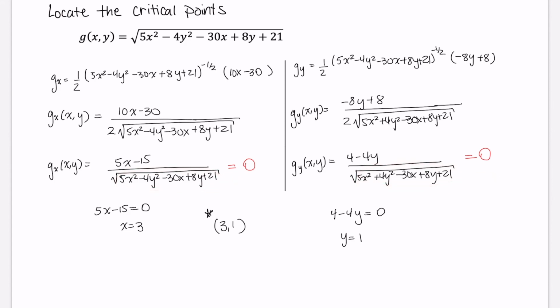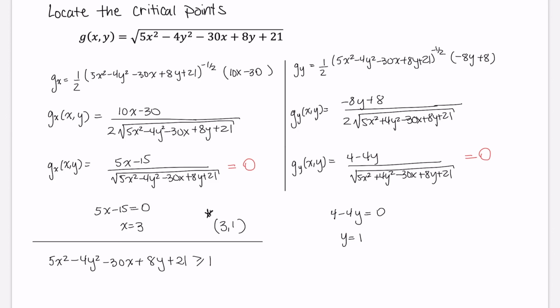So what we need in this case is 5x squared minus 4y squared minus 30x plus 8y plus 21 to be greater than or equal to 1.